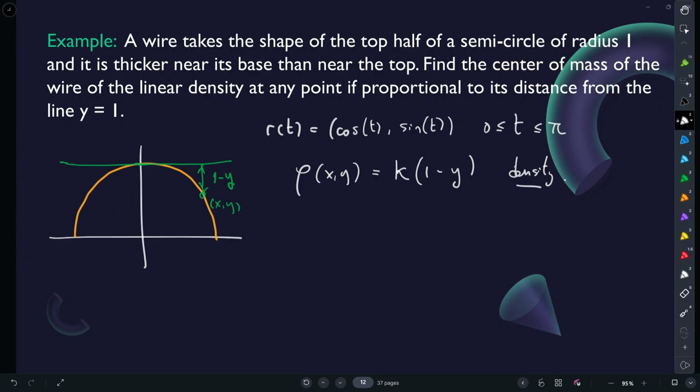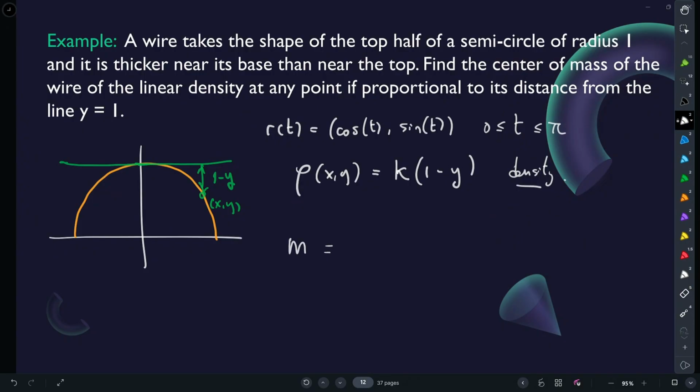Okay? So now I have to compute two line integrals. We're going to compute first the mass, because I need the mass somehow. So let's first compute what the mass is.